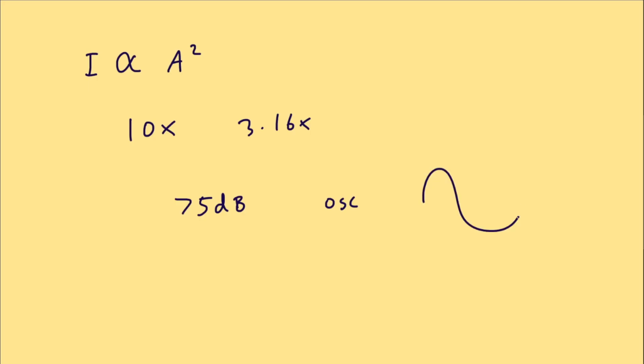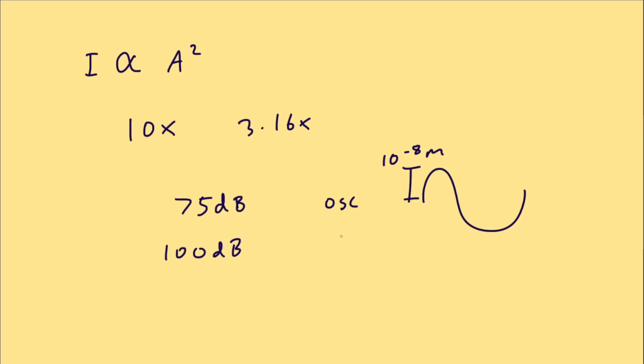How does amplitude play a role in this? Intensity is proportional to the square of amplitude. So if a sound wave is 10 times louder, it has 3.16 times more amplitude. For example, if a 75 decibel sound makes air molecules oscillate with an amplitude of 10 to the power of negative 8 meters, how about at 100 decibels?